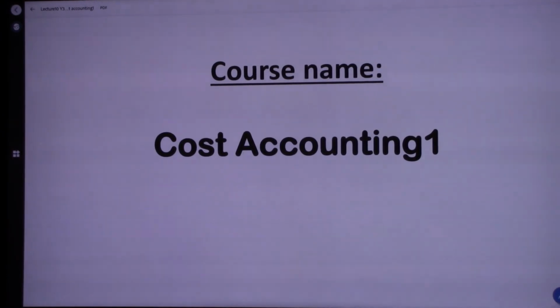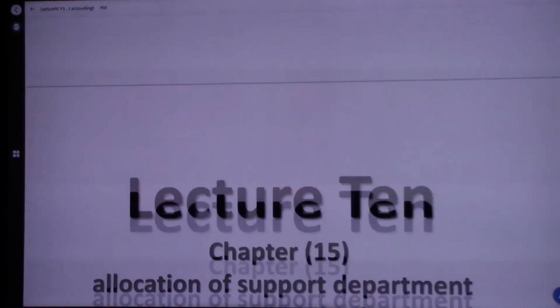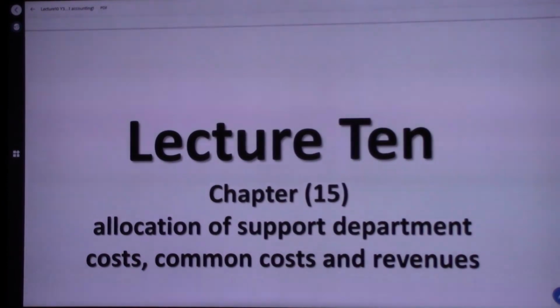Then in chapter 9, we have only introduced the first 3 objectives, which are related to cost allocation under the absorption method and current rate under the variable costing method. Then chapter 10, we have also the first 3 objectives, which are about cost under the high-low method.